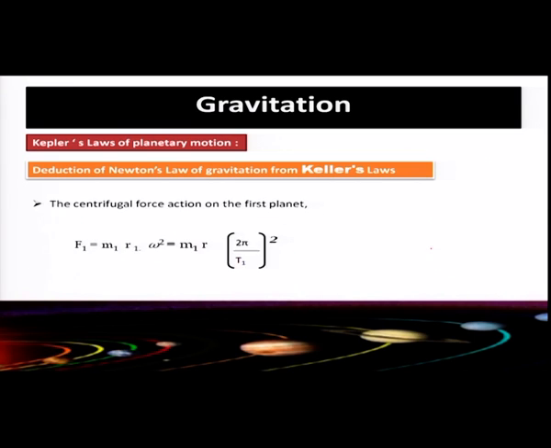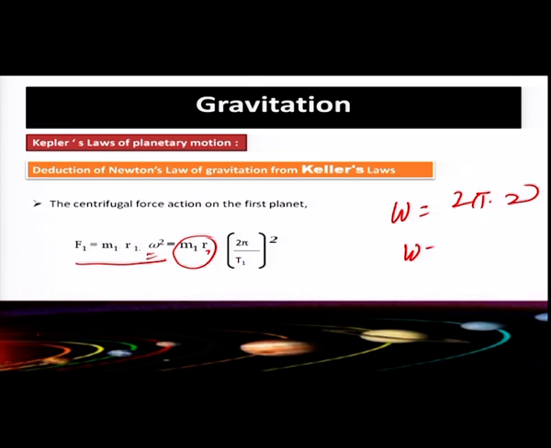So, therefore, the centripetal force acting on the first planet is given by m r omega squared, or it is F1 equals m1 r1 omega squared. In place of omega, the formula for omega is 2 pi into nu.